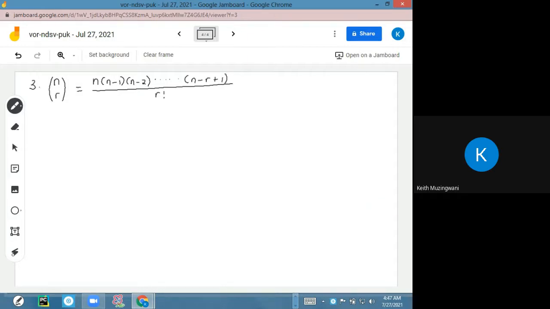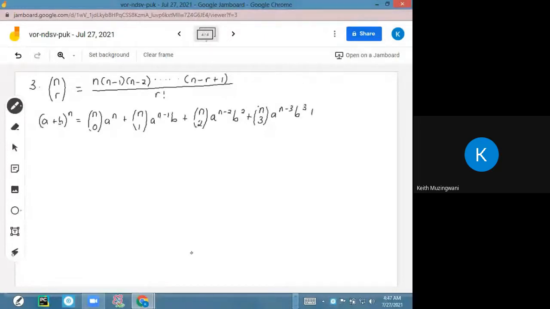the binomial theorem, which we said is a plus b to the power n, giving us n choose 0, a^n, giving us n choose 1, a^(n-1) b, giving us n choose 2, a^(n-2) b^2, giving us n choose 3, a^(n-3) b^3, going to n choose r, a^(n-r) b^r, keep going.